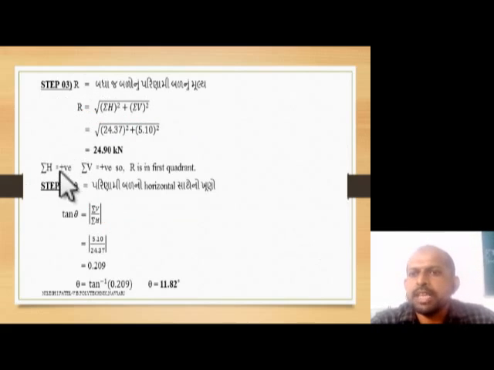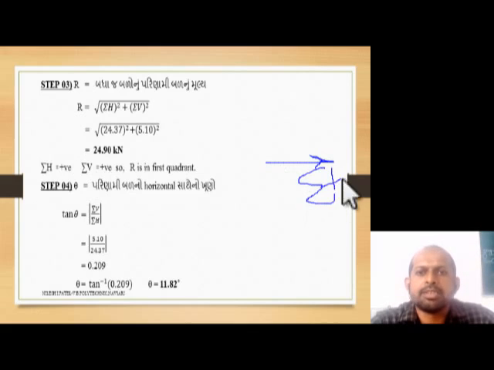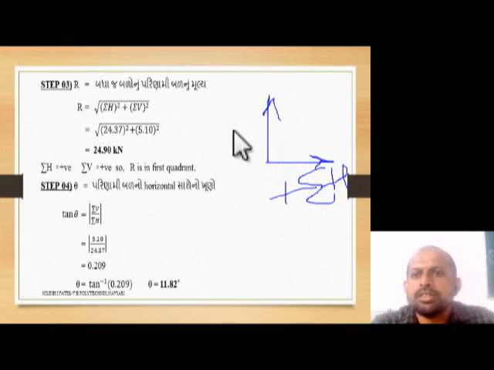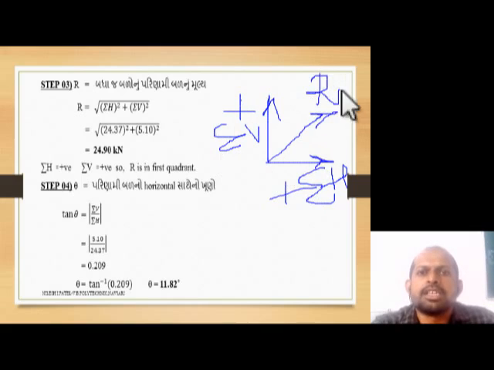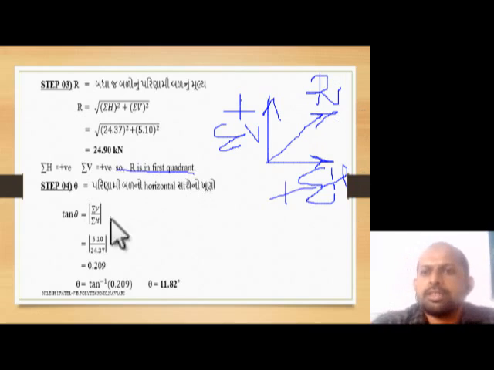I can draw sigma h like this because it is positive, and sigma v is also positive, so I have to draw this arrow like this. So your resultant is in this direction, in the first quadrant.